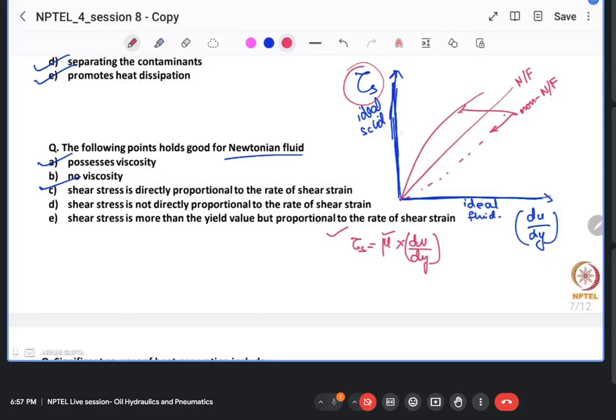So we call it Bingham plastic. I hope you have come across this term in fluid mechanics. That is also known as an ideal plastic fluid.